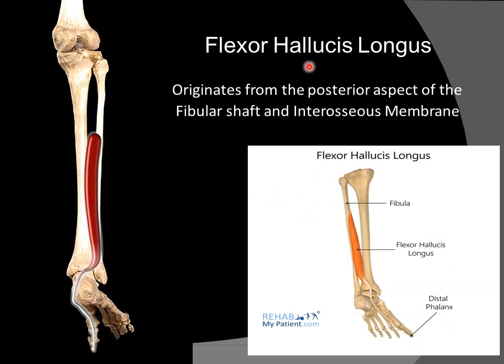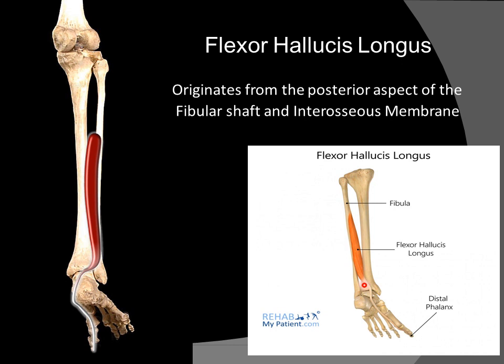So let us discuss flexor hallucis longus. It arises from the lower 3/4 of the posterior surface of the shaft of the fibula, and also from the posterior interosseous membrane. So it arises from the fibula and from the interosseous membrane.